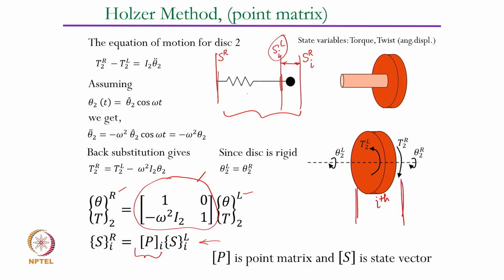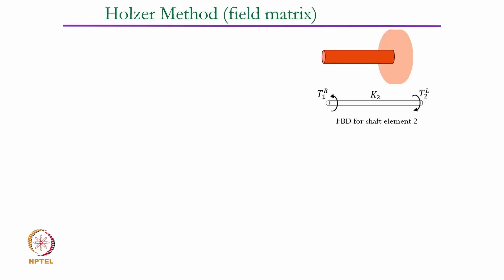It is going to be right of I minus 1, because the I minus 1th segment will come here, and this state vector will be the right of the I minus 1th mass element. This is already taken care of, we are here, and we are now trying to relate this state vector with this state vector.